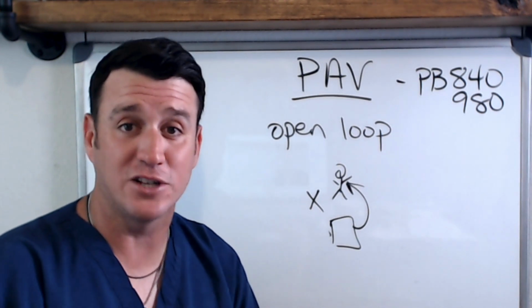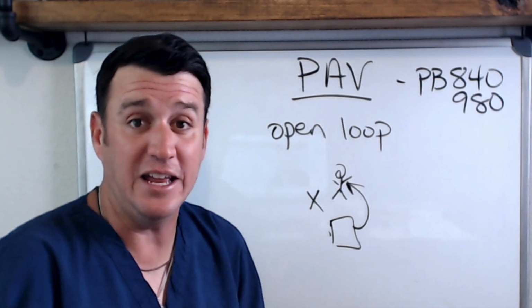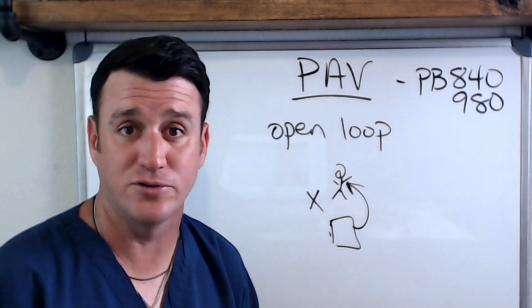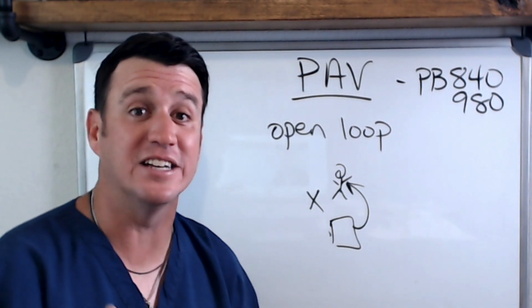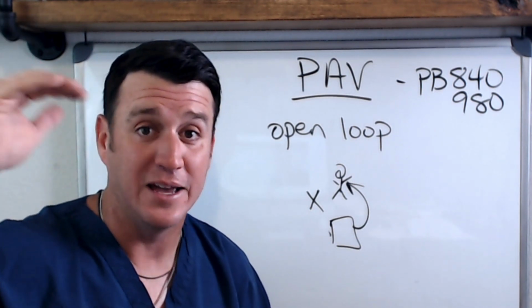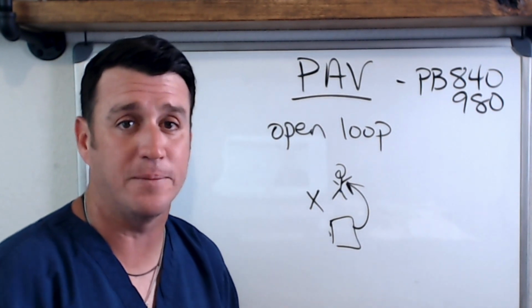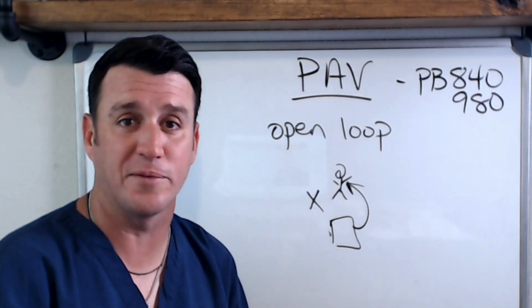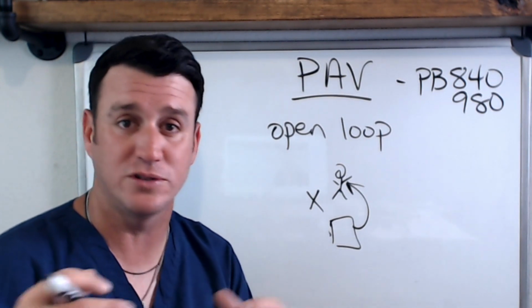If lung compliance goes down, the vent doesn't adjust the tidal volume. It keeps giving the tidal volume of 500. It doesn't care how high the pressures get. It doesn't even care if you hit the peak inspiratory pressure alarm setting. It will keep giving that volume because it's a closed loop form of mechanical ventilation. Same with SIMV, same with pressure controls and all of those.